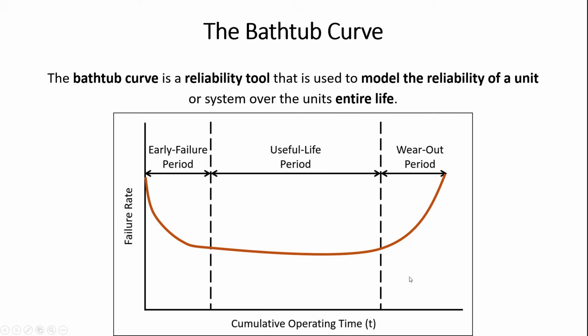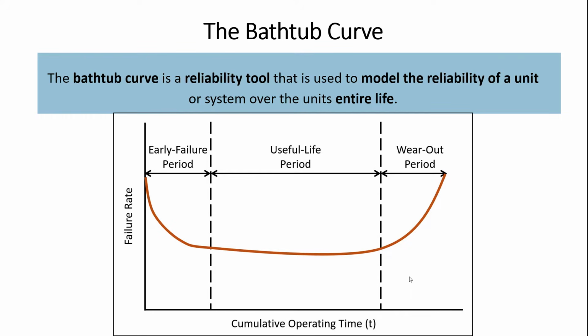Okay, so now we're on to the second part of the presentation, which is all about those reliability models. The first model that we absolutely have to talk about is the bathtub curve. It's not a model that we use to actually make reliability predictions. It's a model of the reliability of a general device or a general product over time.